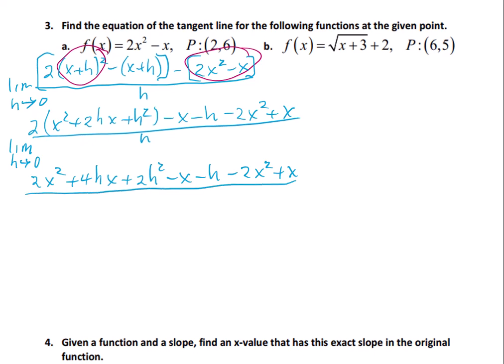All of that's over h, and we're wanting that limit still. Let's see if anything cancels. The 2x squareds do. I've got a negative h and a positive h. I think that's all it's going to cancel. So let's see what we got.